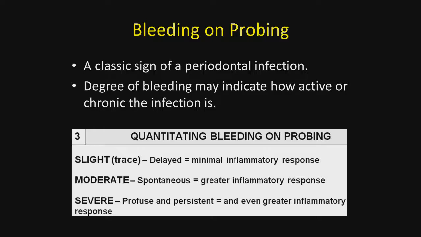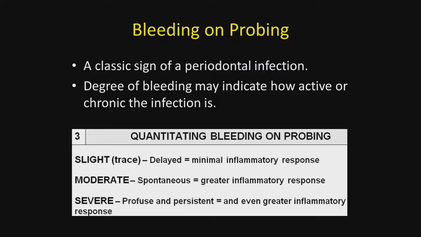This is a trace. For example, if you probe number 18 and there's no bleeding on probing, but by the time you get to 20 or 21, a little blood has oozed out. That's a trace, probably not significant. Moderate bleeding on probing is where you place the probe, and as you pull the probe out, blood follows the probe.